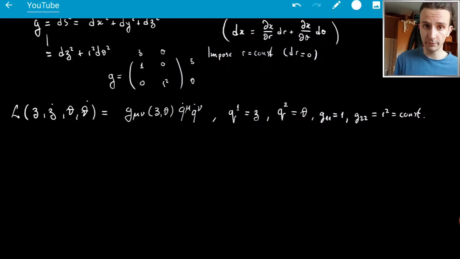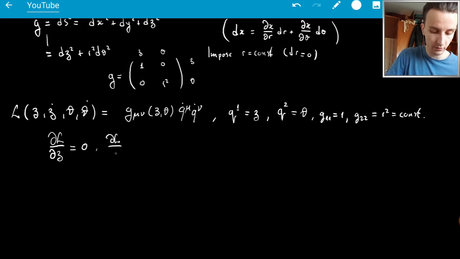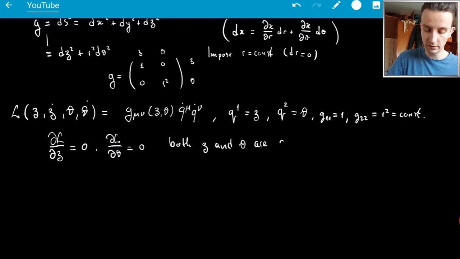Awesome. So now, you know the Euler-Lagrange equations. This is first grade stuff. We see that this is equal to 0 because there's no z dependence in g mu nu, and this one too is 0. So both z and theta are cyclic, we say.